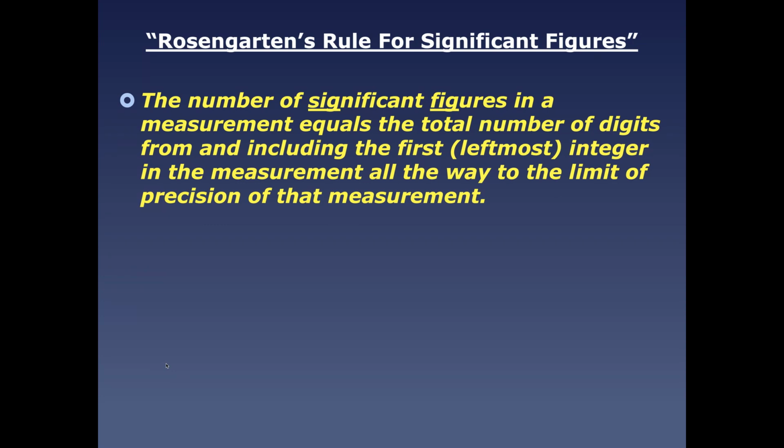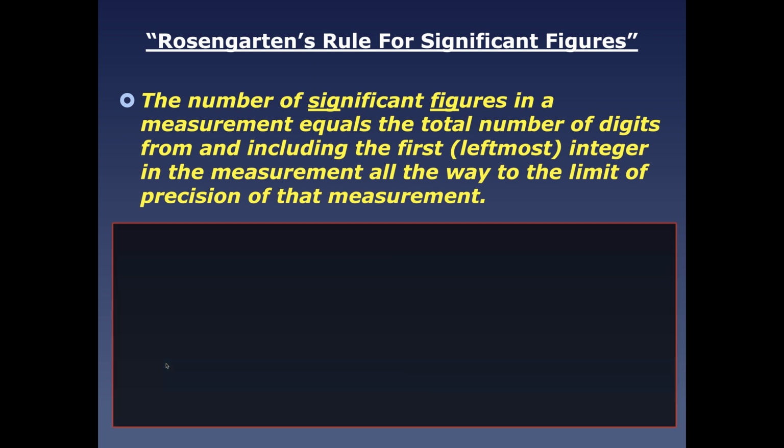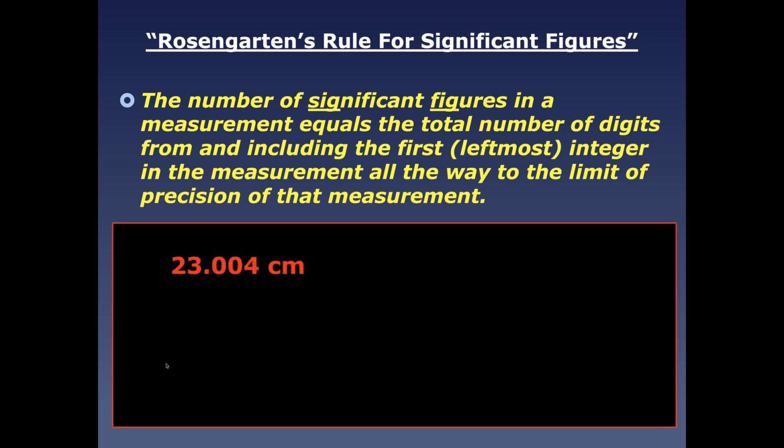So, the number of significant figures in a measurement equals the total number of digits from and including the first or leftmost integer that's non-zero in the measurement, all the way to the limit of precision of that measurement. So, for example, since this number has a decimal point, the precision is the thousands place.